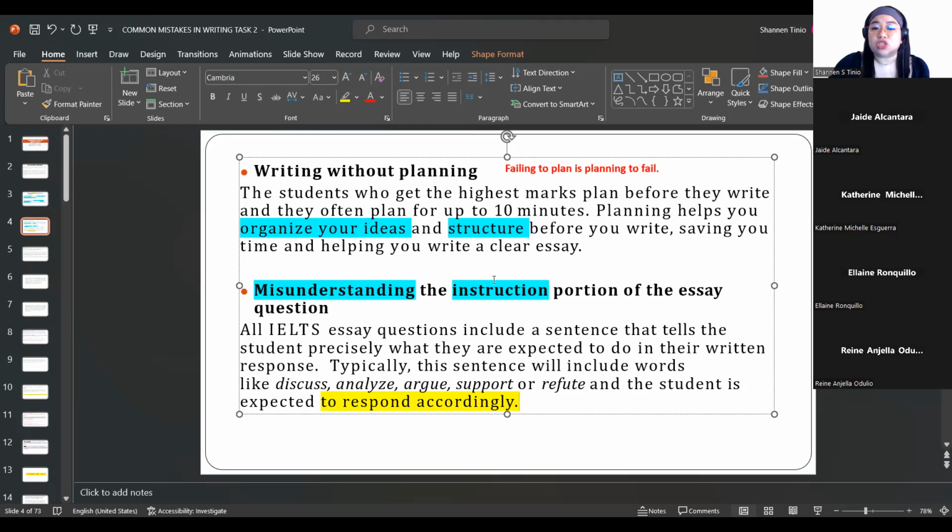The key to understand the instruction properly in the essay question is for you to be able to have a good and enriched vocabulary bank. And in order for you to understand the question and to respond accordingly, you have to be able to know keywords that are used in asking questions. Let's move on.